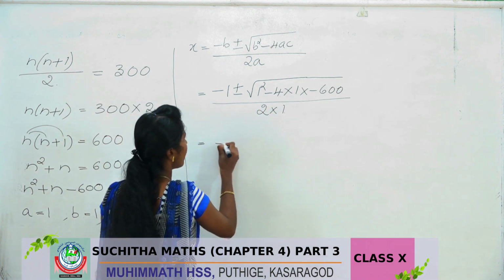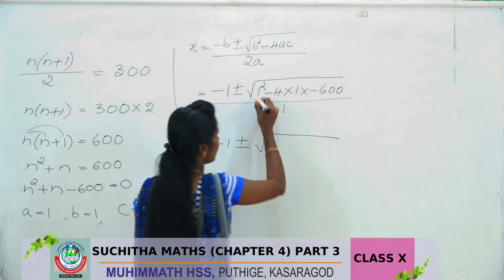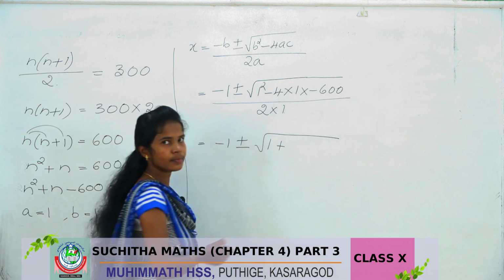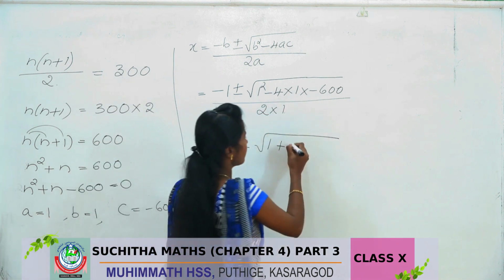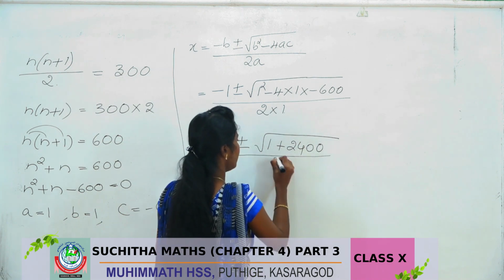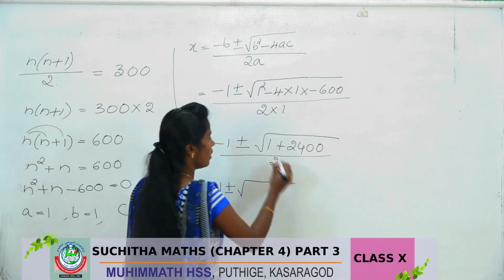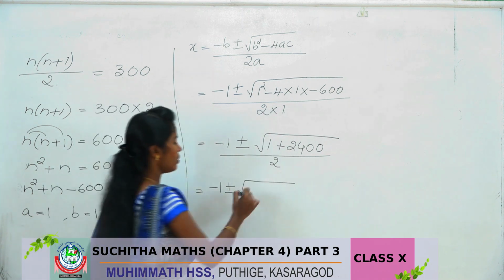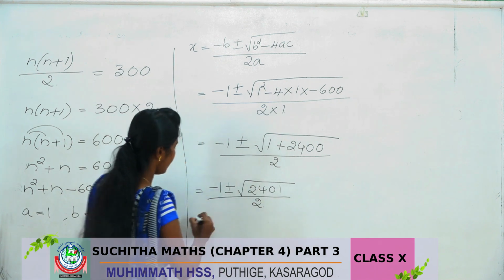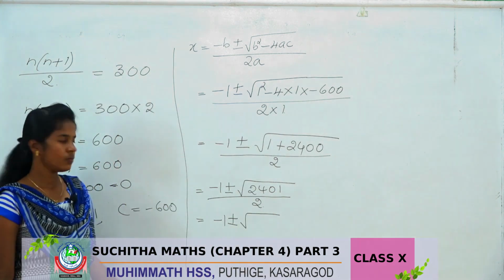That is minus 1 plus or minus square root of 1 square is 1, then minus minus becomes plus, 4 into 600 is 2400, divided by 2, equal to minus 1 plus or minus square root of 1 plus 2400, which is 2401, divided by 2.